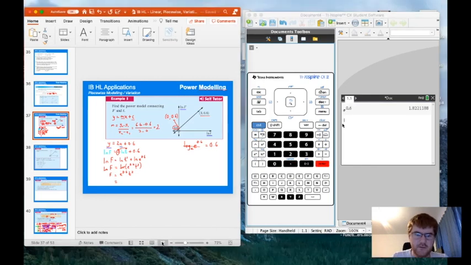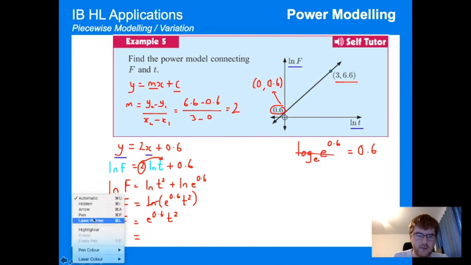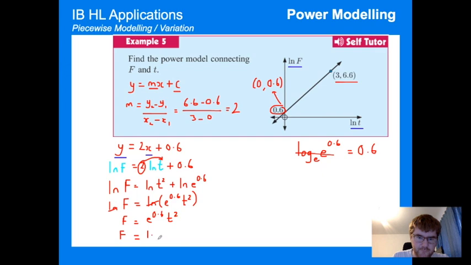So we can pop in 1.82, and we'll notice that our actual model here is a quadratic, so 1.82 t squared. These particular values on this particular linearized graph represent a quadratic.